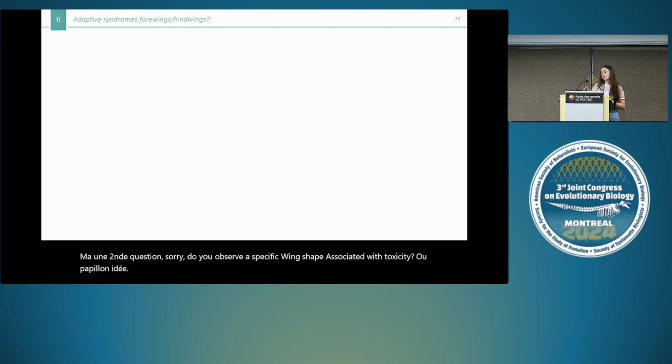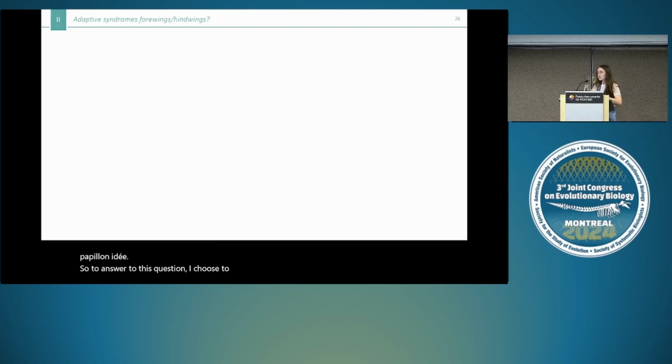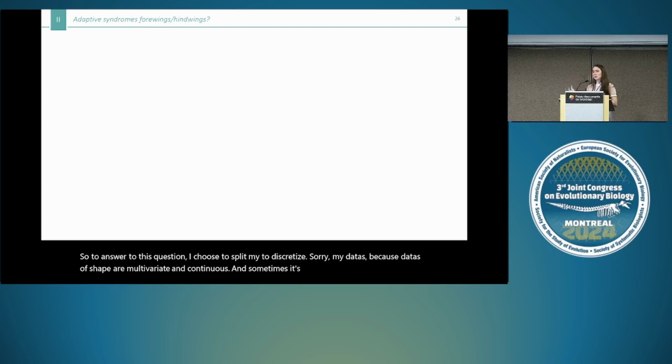So to answer this question, I chose to discretize my data, because shape data are multivariate and continuous, and sometimes it's hard to link a shape with an ecological hypothesis.